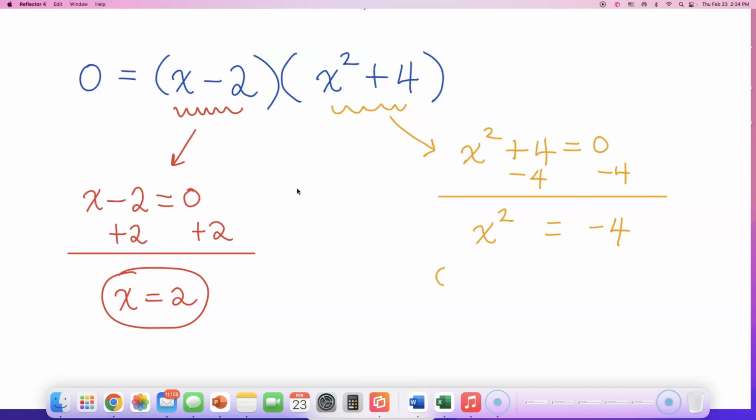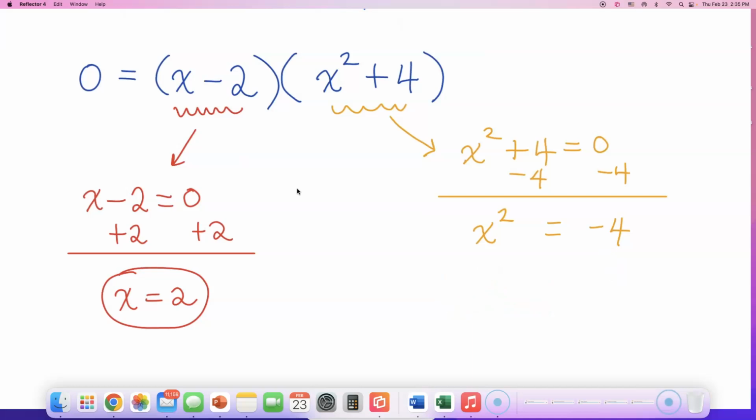Because squaring means you're multiplying something by itself. So you either multiply positive times positive, but that's going to give you a positive number. But if you multiply a negative times negative, again, that's going to turn into positive. So will a square term ever be equal to a negative? No, never. So this is where we have to say no solution.